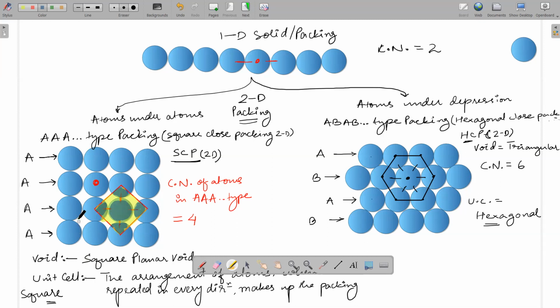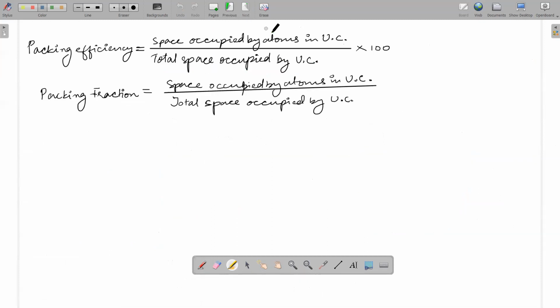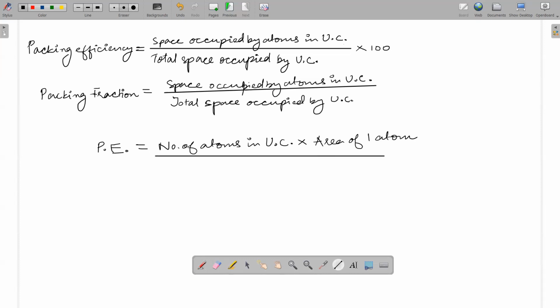So how can you calculate the packing efficiency? Packing efficiency can be calculated if we have the total space occupied by atoms. So I'm writing: packing efficiency is equal to number of atoms in unit cell into area of one atom, then I divide this by area of unit cell, because we are dealing with a 2D solid, and we multiply this by 100.